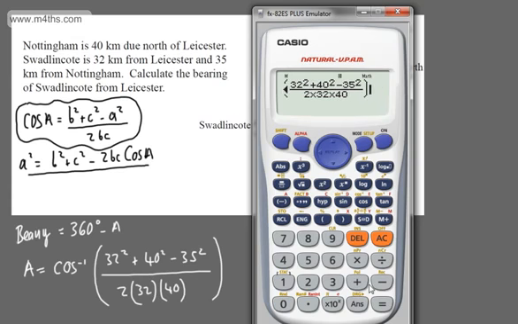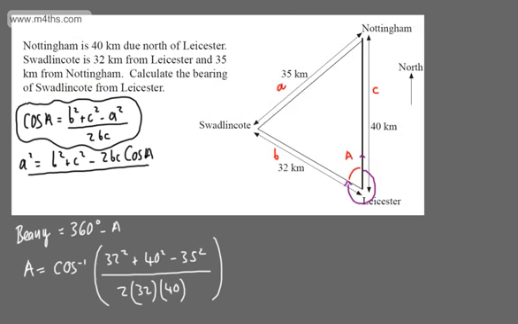So that tells me now that the angle just there is going to be 56.9, give or take. So this angle right here is going to be 56.9 degrees, approximately.